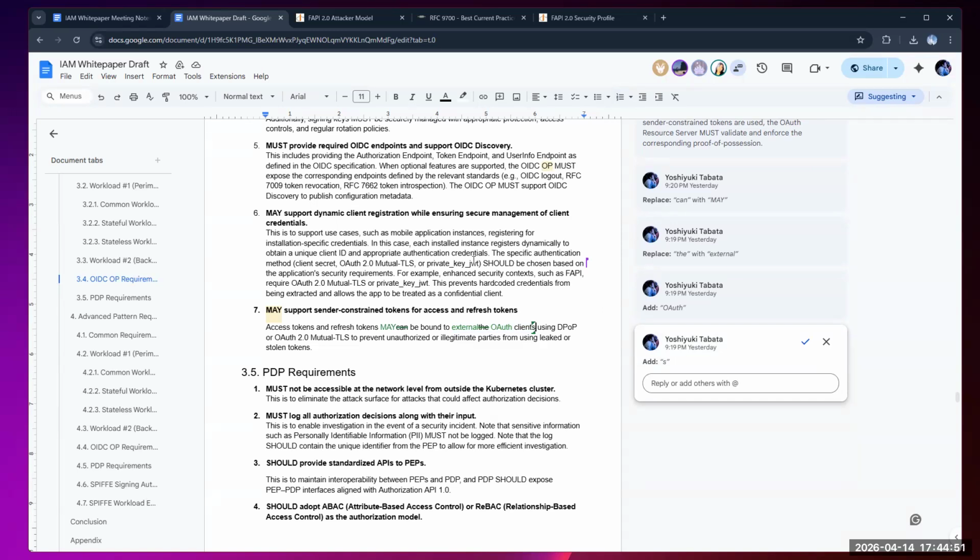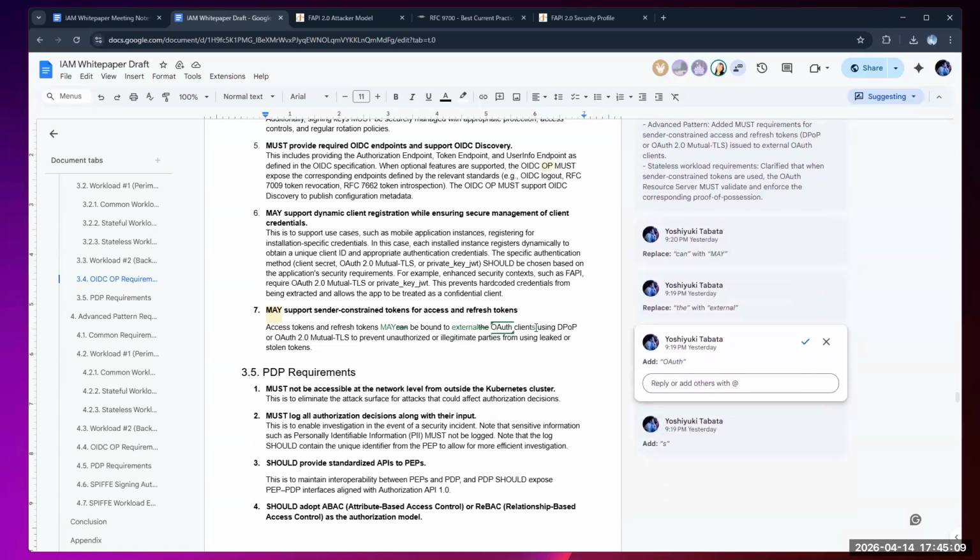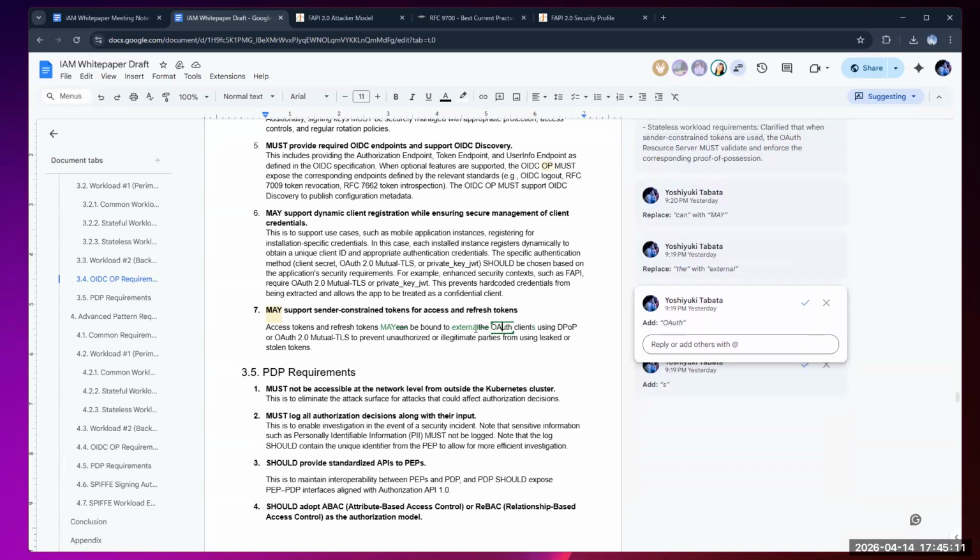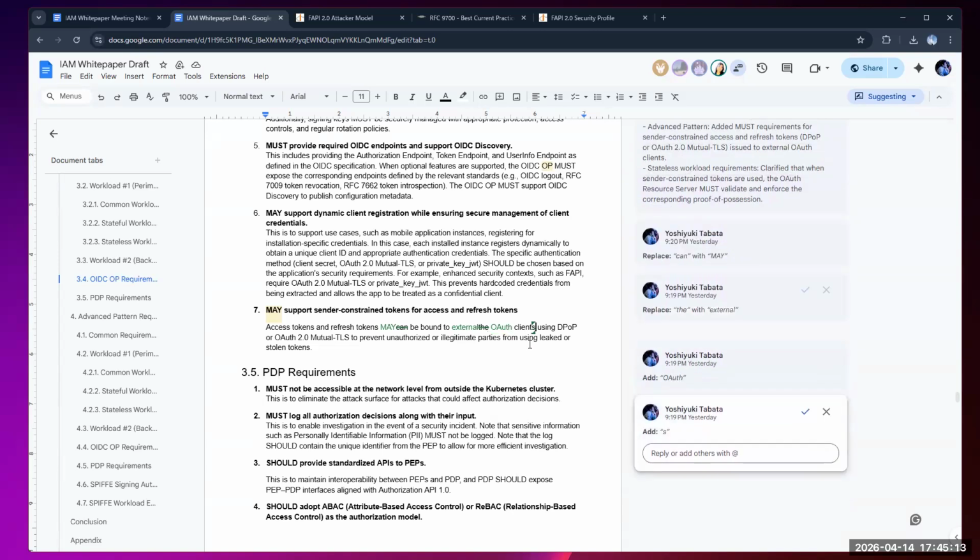SBIT can be JWT SBIT. In that case, there is no method for sender constraint. Do you have any idea?